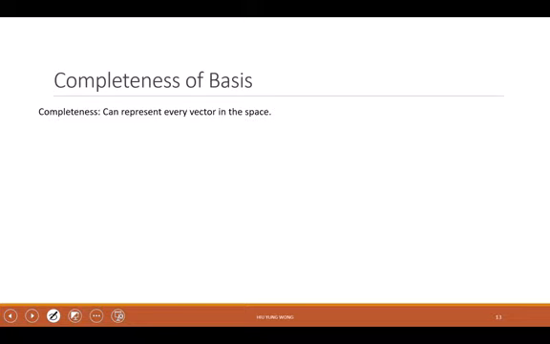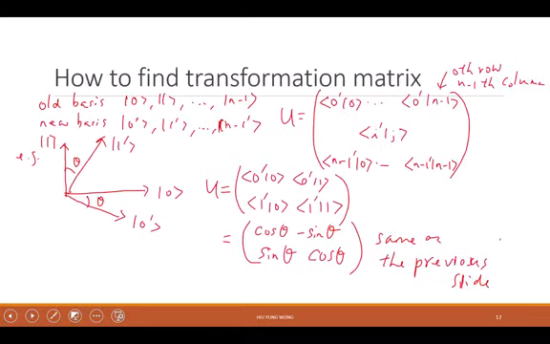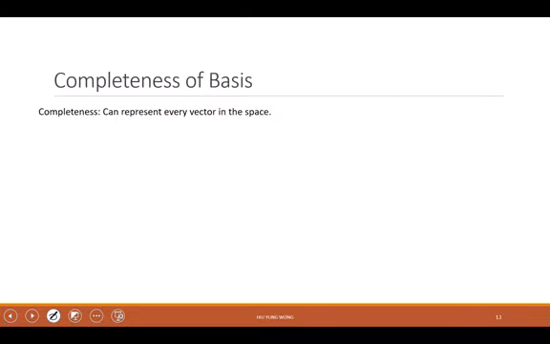If I have a 2D plane, then x and y can represent the 2D plane very well. The set x hat, y hat is the basis for a 2D real space. What if I have a vector sticking out?